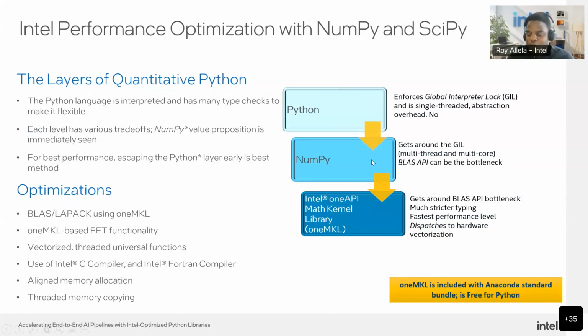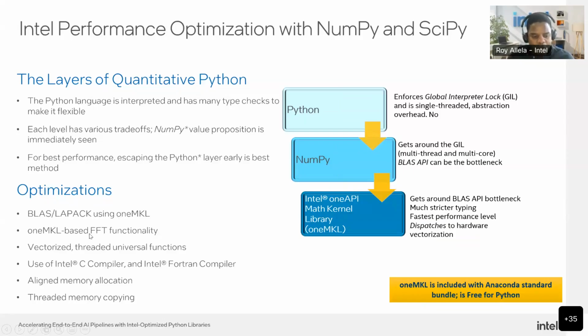So how do we improve the performance for NumPy and SciPy? We do this by building the NumPy package with oneMKL, and this gets around the BLAS API performance issues through better performance and vectorization. Some of the dimensions you can see on the right: we replace the BLAS and LAPACK core computations with oneMKL.